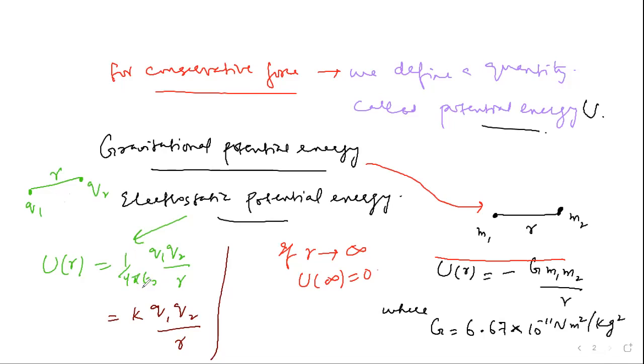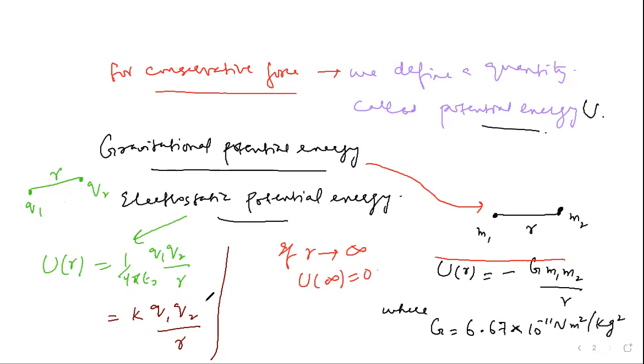K here is 1 by 4 pi epsilon naught. You know the value of K. K is Coulomb's constant. It is 9 into 10 raised to 9 Newton meter square per Coulomb square.